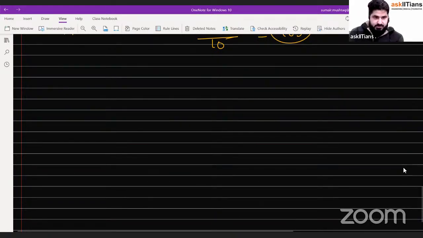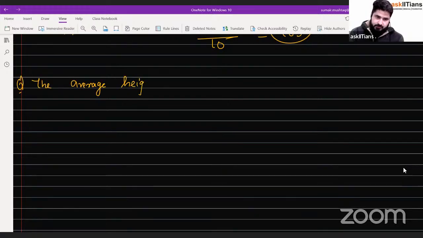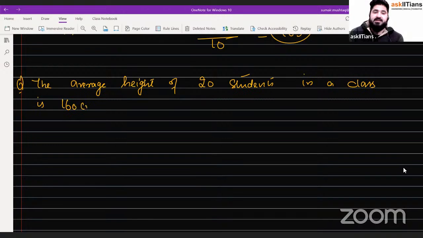See, the question is: the average height of 20 students in a class is 160 centimeters. What do you mean by the average height? That means it is the mean.